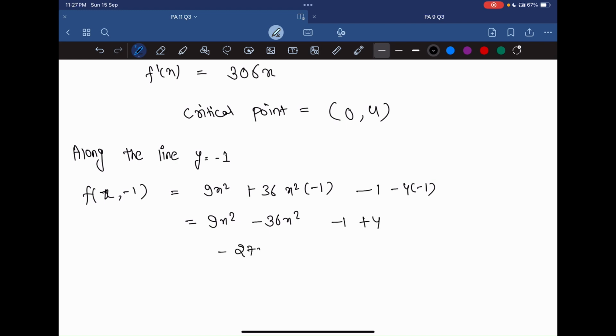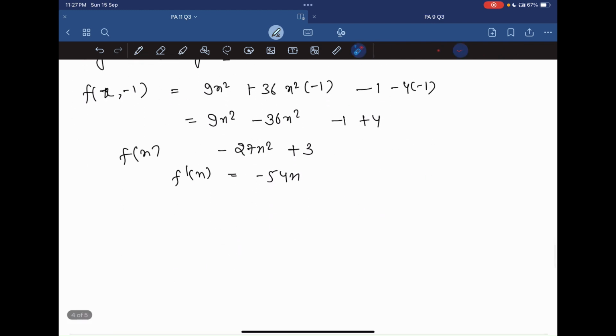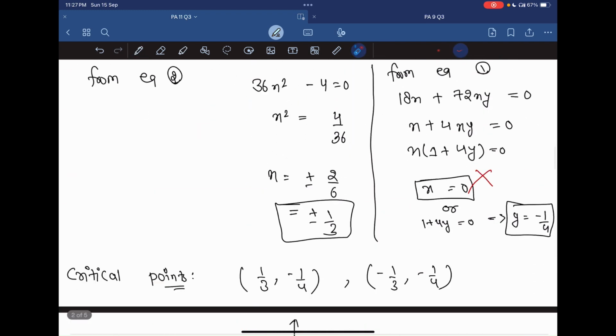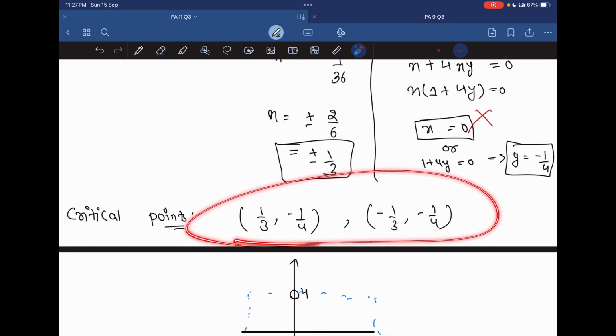So minus 27x square plus 3. So again the derivative of x, if you set this to 0, we will get x value to be 0. So the critical point would be 0 comma minus 1.